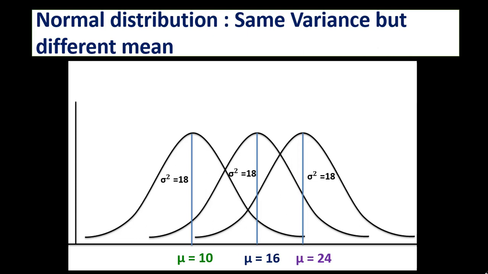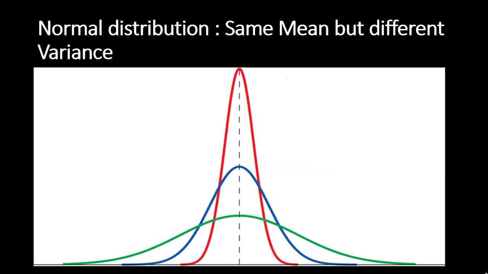Remember, there is no difference in the spread of the curve among these three curves. The spread of the curve is constant since the spread is directly related to the variance of the curve. So since variance is kept constant, the spread of the curve is constant, while the curve is moving towards the right because we are increasing the mean of the distribution.